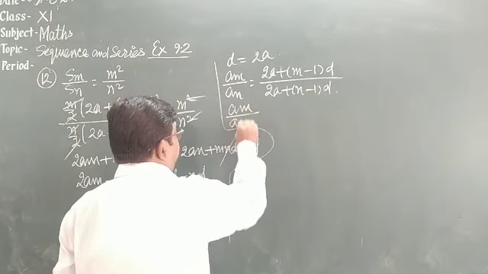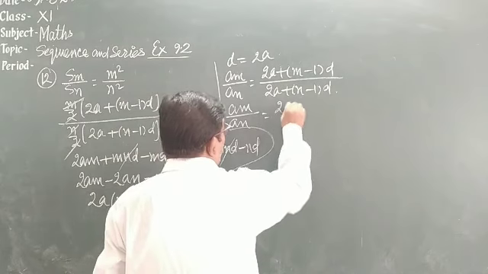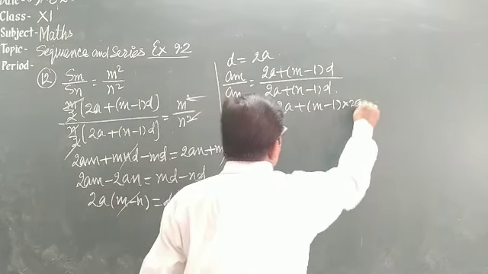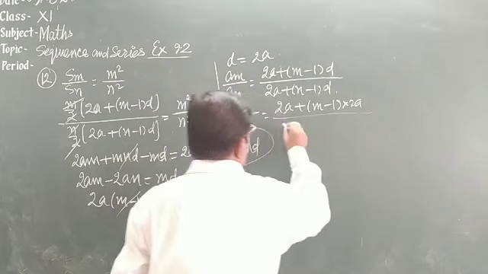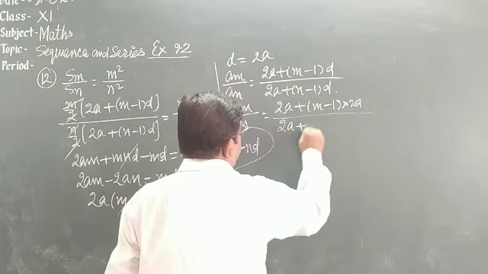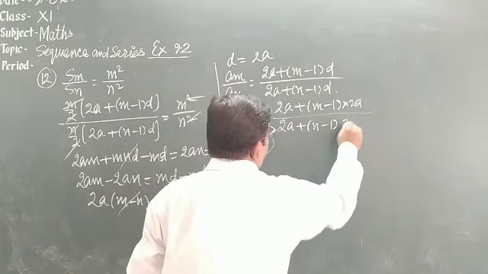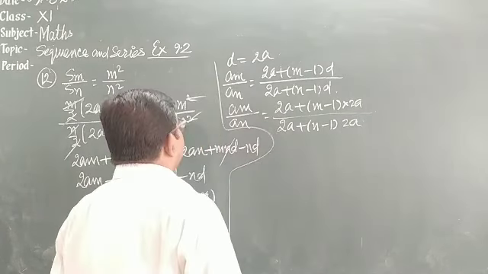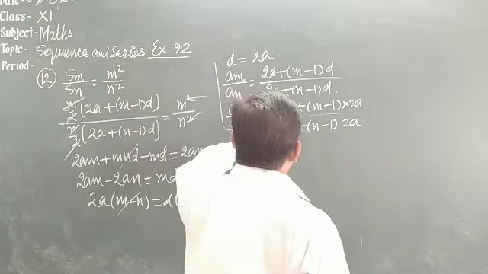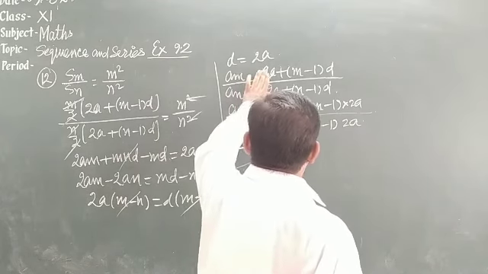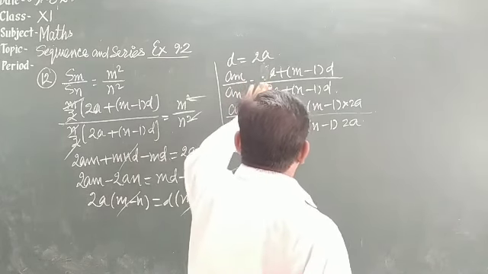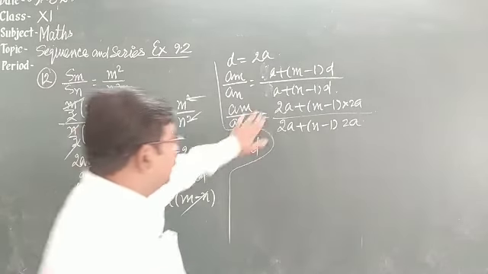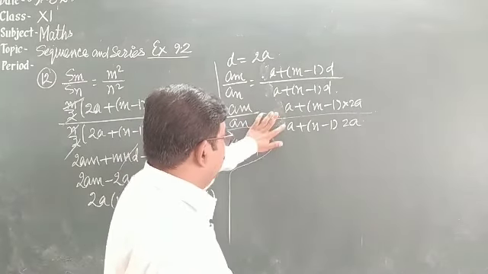It is not 2a plus, we have the formula a plus m minus 1 into d and a plus n minus 1 into d. This 2 will not be there.